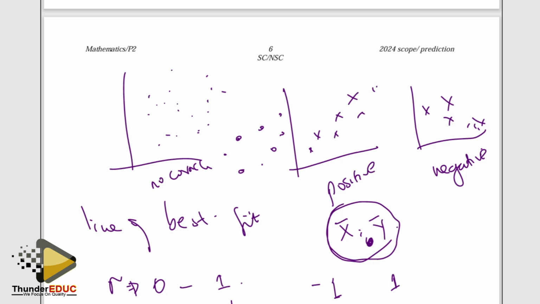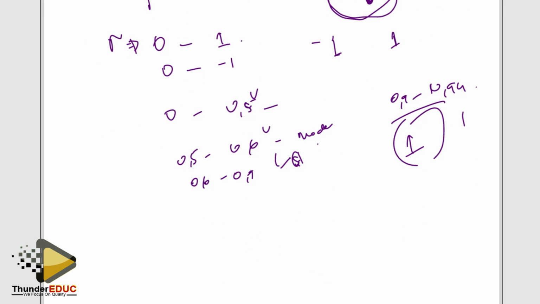If the points are so close to each other and they are showing some sort of pattern, then it is strong. Call it strong relationship. So when they ask you to describe, you'll have to tell us the strength of the relationship and then the direction. So it's a strong positive relationship, weak positive, or strong negative. Okay, based on your value here.